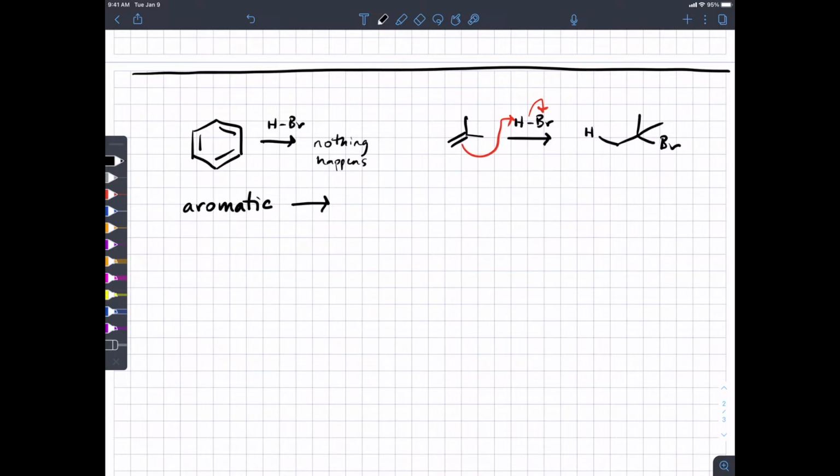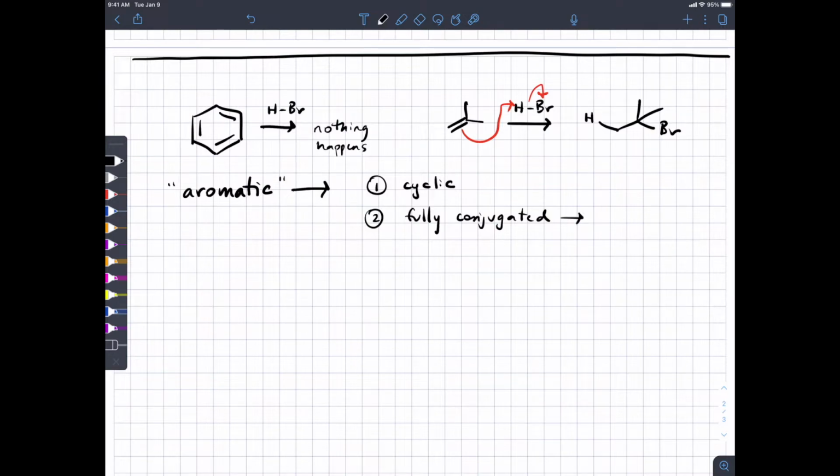That used to refer to the characteristic odor of some of these compounds, but now we use that term not to talk about how they smell, because they all smell different, but rather we use this word aromatic to refer to molecules that are cyclic, have to be cyclic, fully conjugated, and if we wanted to be precise, that's going to mean that we have a contiguous, that's a great word, contiguous, that means connected, adjacent to each other.